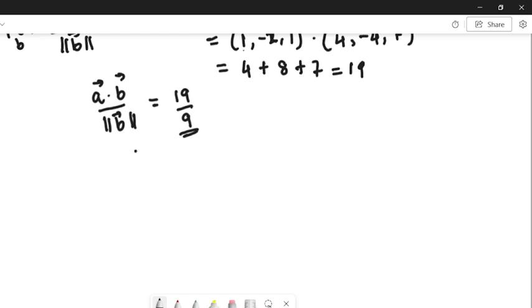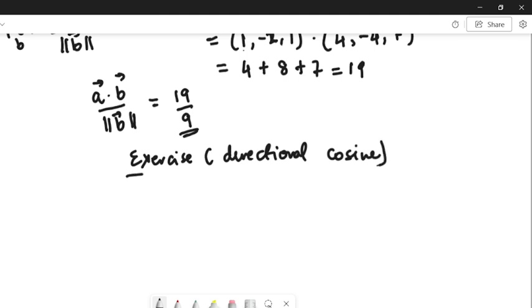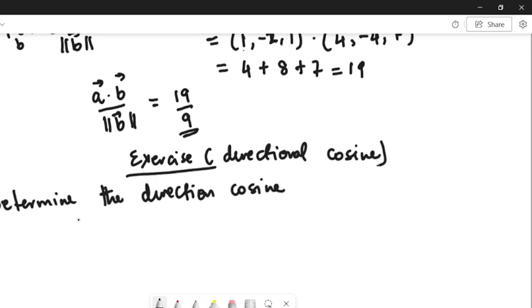So we have an exercise on directional cosine: determine the direction cosines and direction angles.